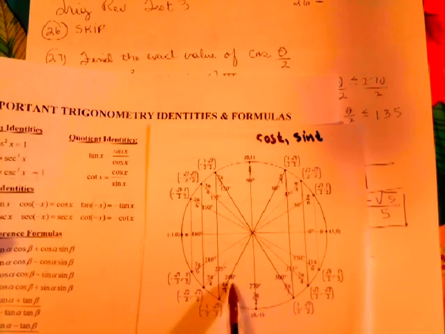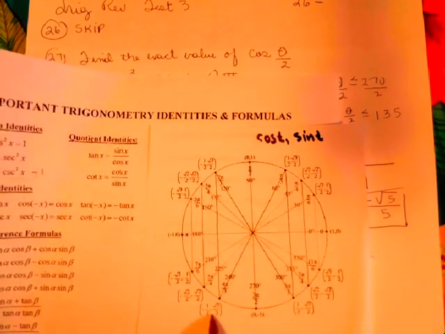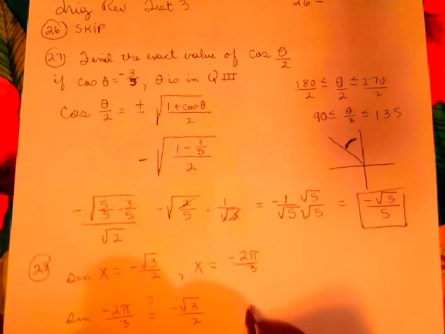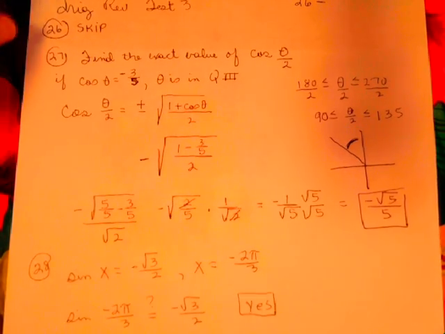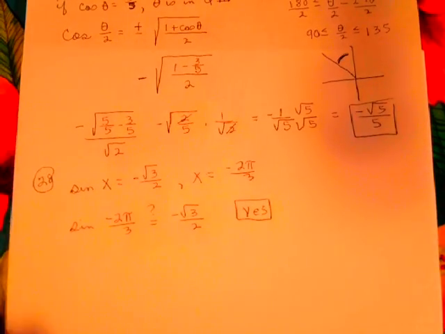Is the sine at this point negative square root of 3 over 2? Yes, it is. So that answer is yes. You didn't have to do any work. All you had to do was look at your unit circle.